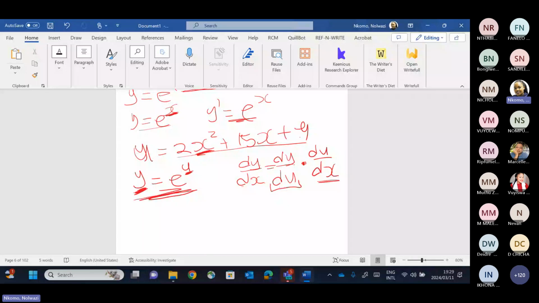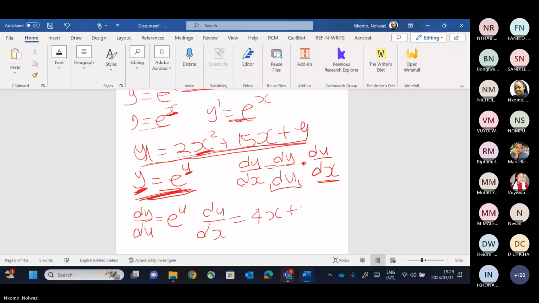If we differentiate this function, dy over du, we obtain e to the power u, right? And if we differentiate this function, du over dx, we get 4x plus 15, and then we substitute these two back here.